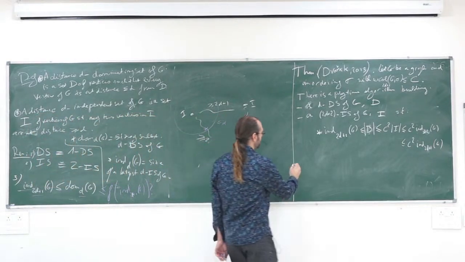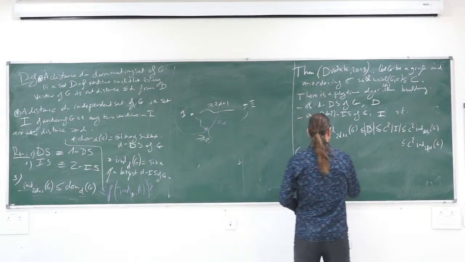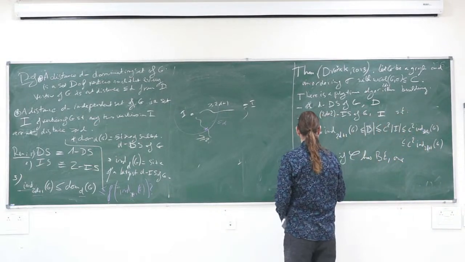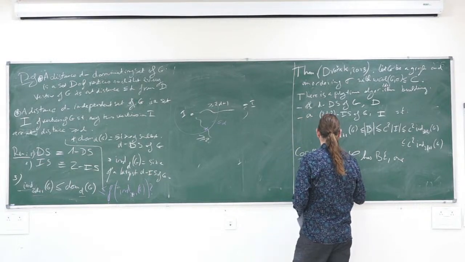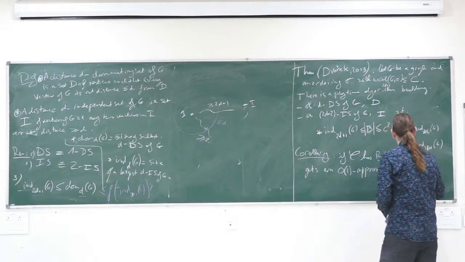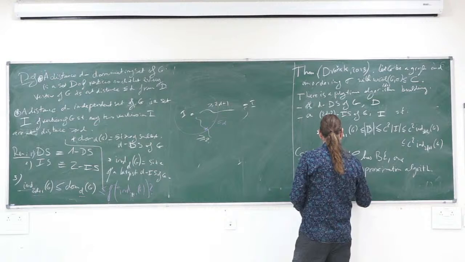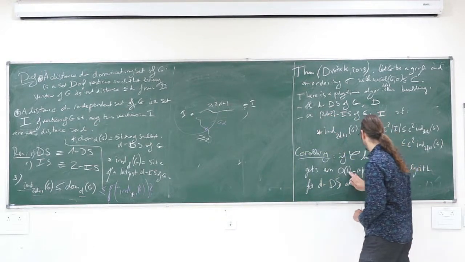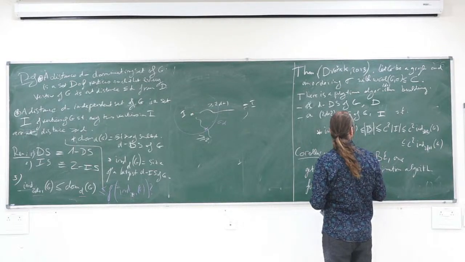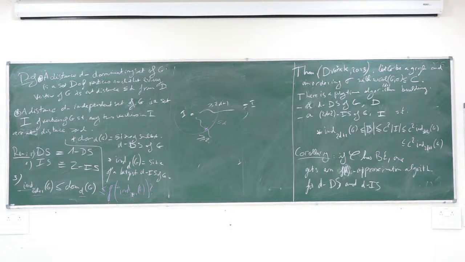So as a corollary, if the class has finite expansion, one gets a polytime constant-factor approximation, if d is constant.